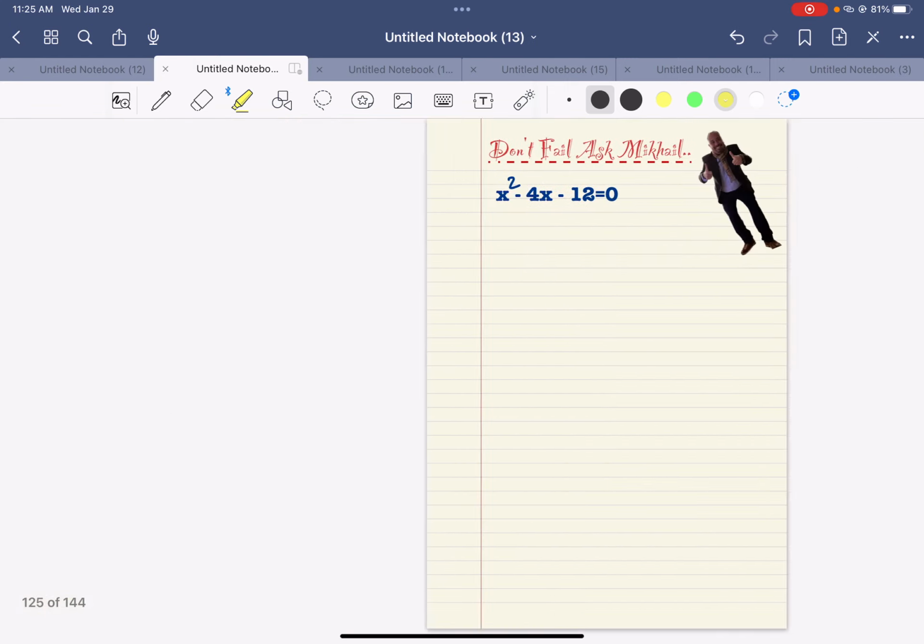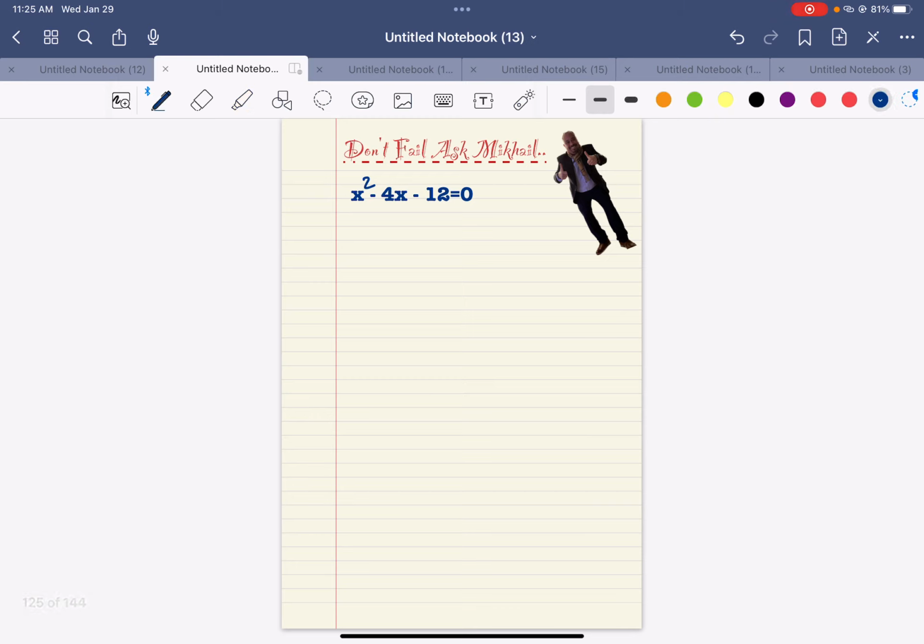First of all, if I need to find the vertex, the vertex is made of two numbers, x and y. To find the x value, you follow the formula x equals negative b over 2a. That is the x value of the vertex.